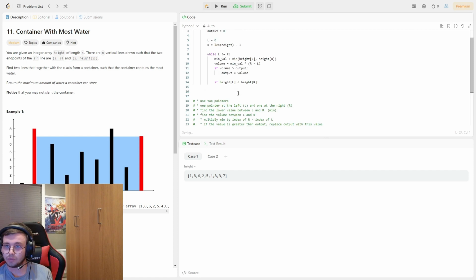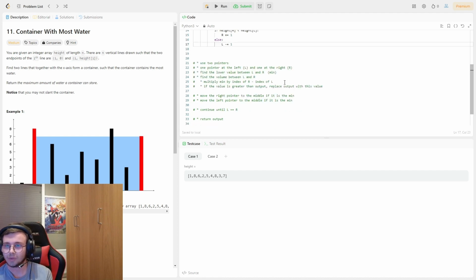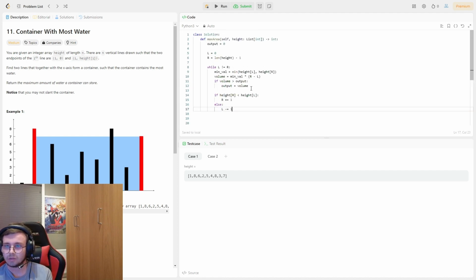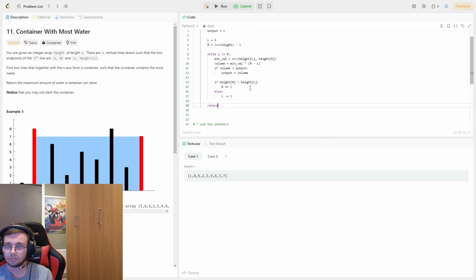If the right is less than the left, then what are we going to do? The right is left, so move the right to the middle, so R plus equals 1, else L minus equals 1. Cool. Then we're going to return output.